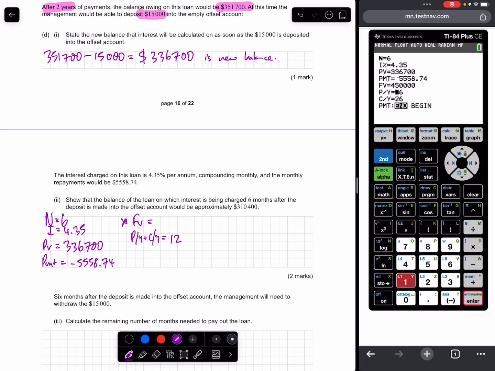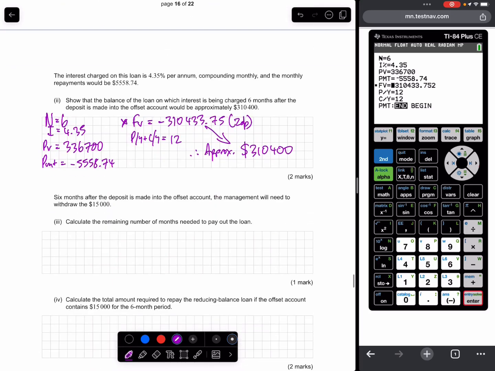Solving for that, 12 for both. Negative 310,433.75 to 2 decimal points. Therefore, approximately 310,400, as you can see, very similar.